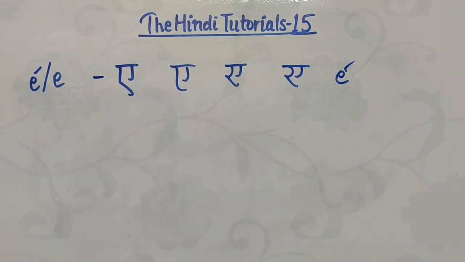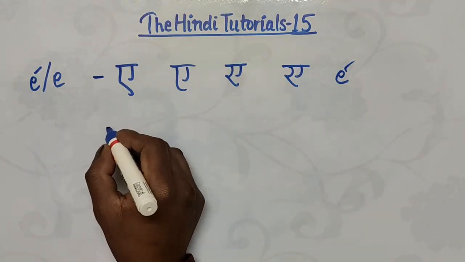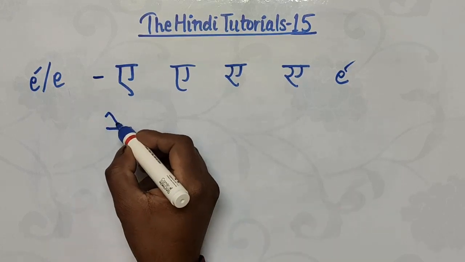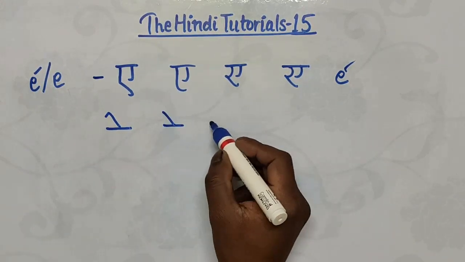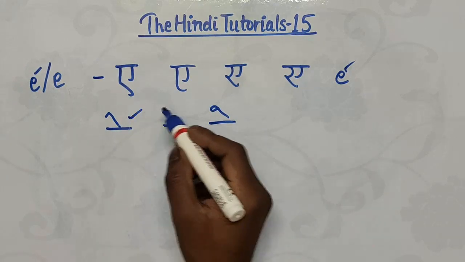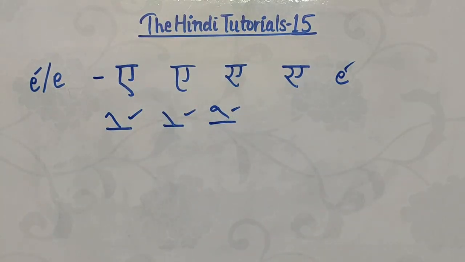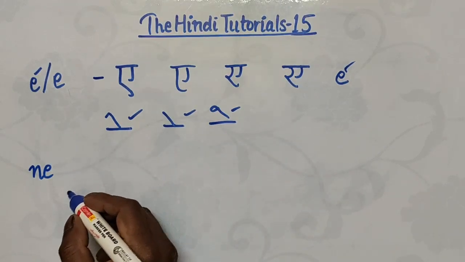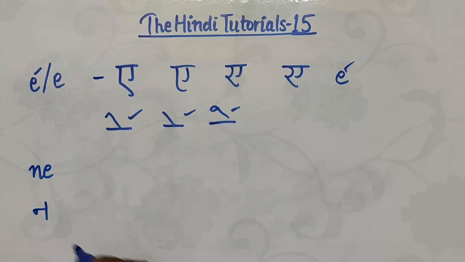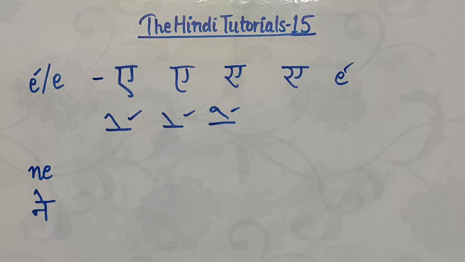Now the next part is how to combine the e sound with a consonant. To combine it with a consonant, you just have to make this kind of line. These are different types of handwriting. If you want to write ne, okay? This is na. Now this becomes ne. Most people write it this way.